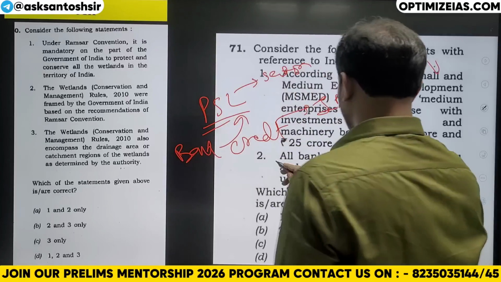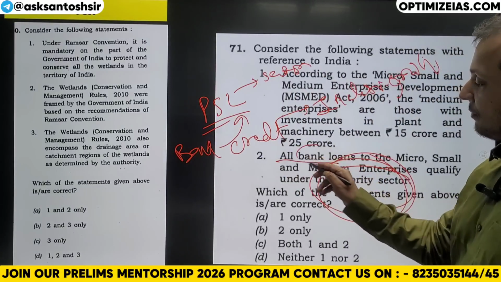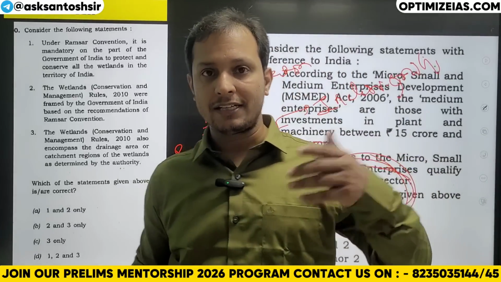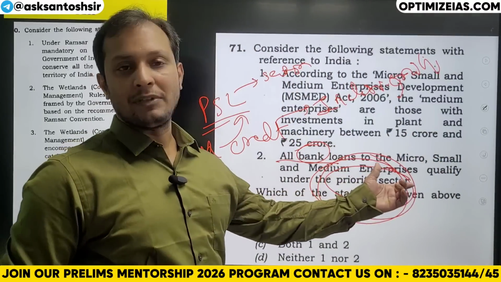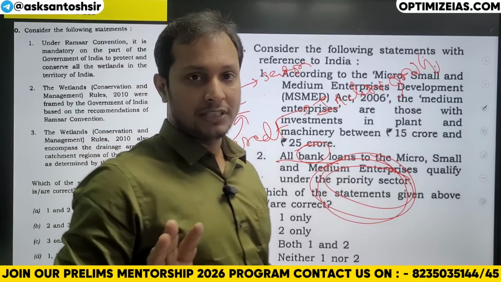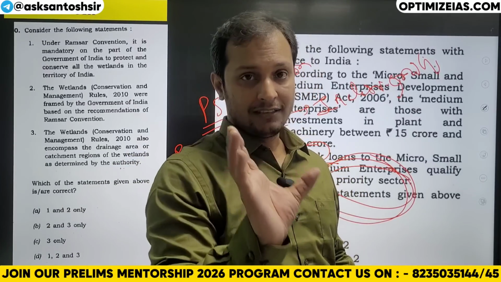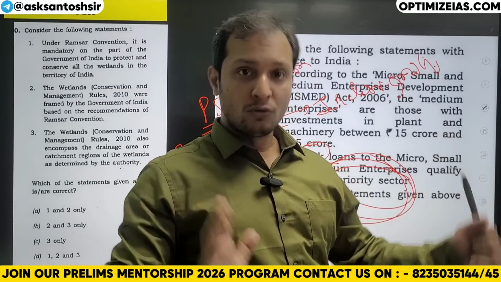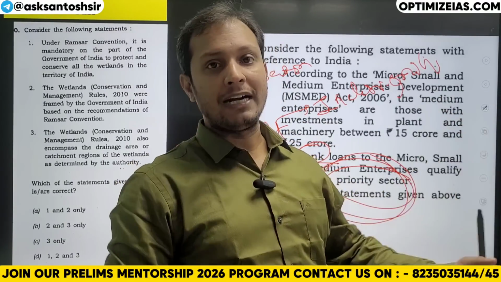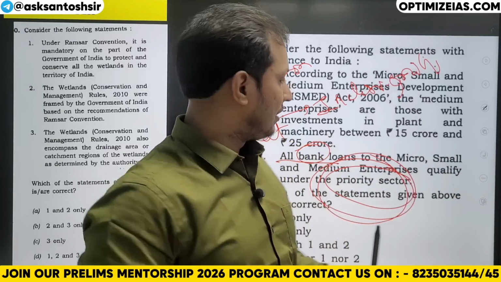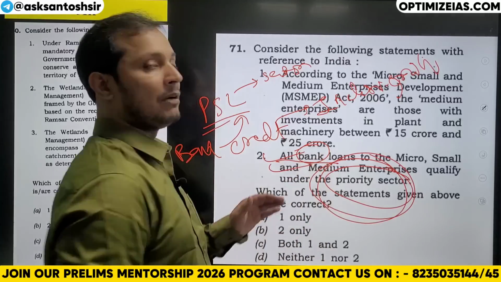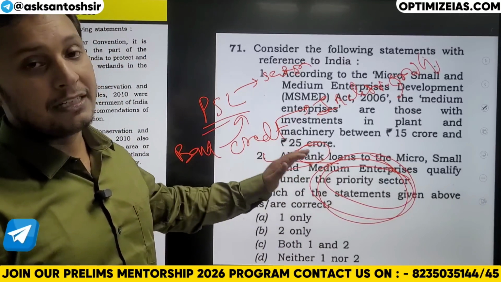So all bank loans, here you see they have mentioned all bank loans, means whatever loans banks are giving to MSMEs will come under priority sector, because every bank, every financial institution, has to lend some amount of their credit to priority sector. Government has mandated it. One of those priority sectors is micro, small and medium enterprises. So here all bank loans to MSME will be priority sector. Here it will be correct.